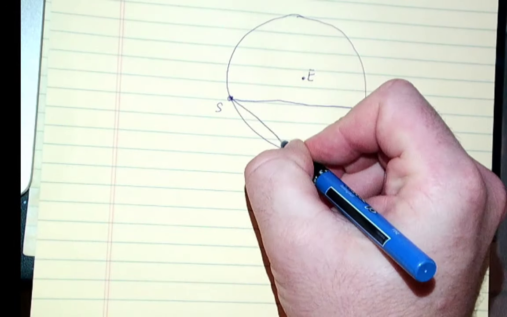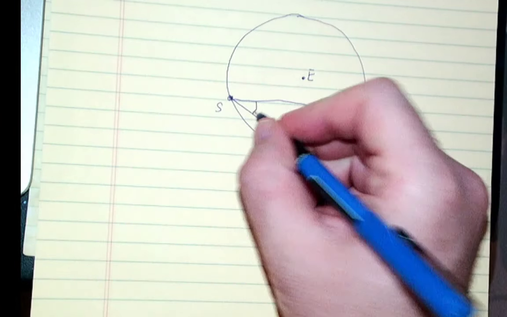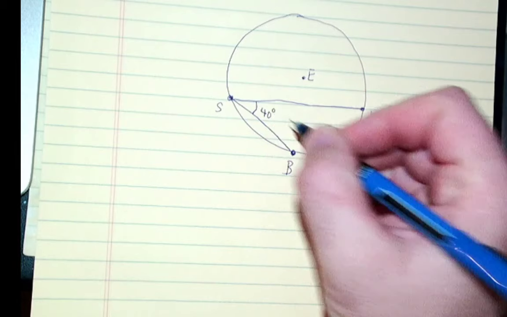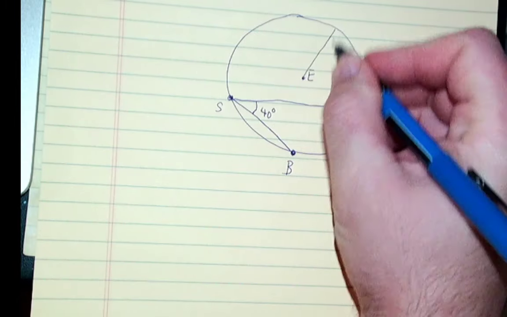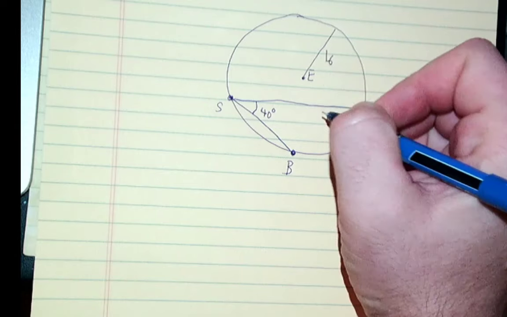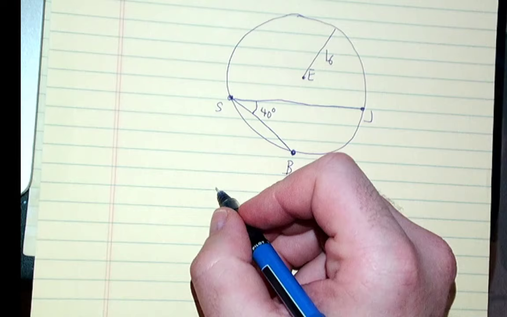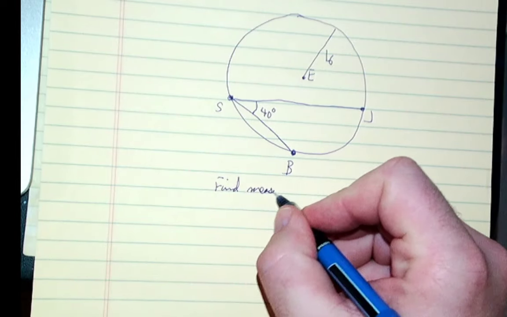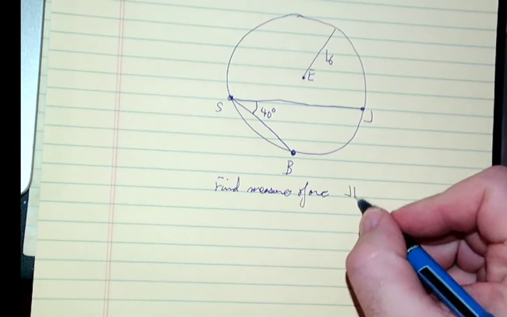And we were told two things. We were told that this angle is 40 degrees, and that the radius of the circle was 16 centimeters. And we were asked to find the measure of arc JB.